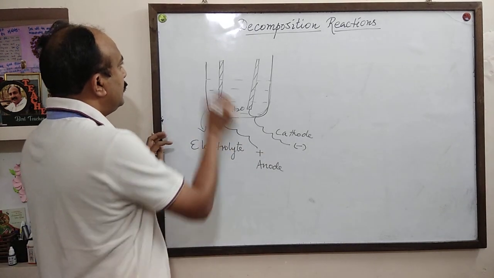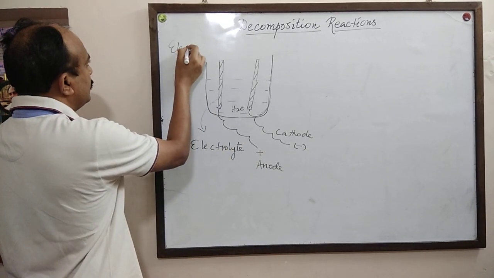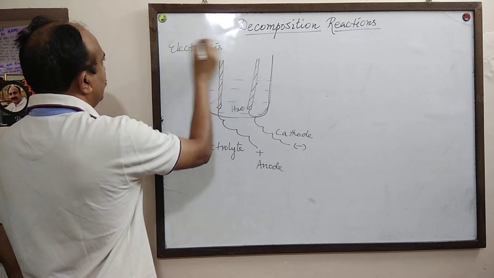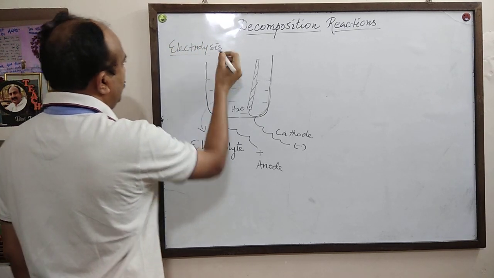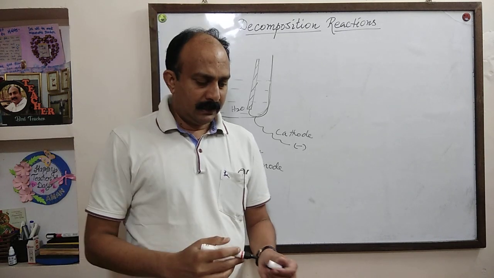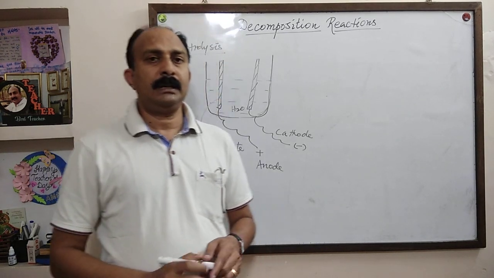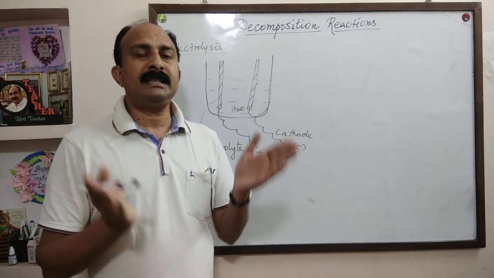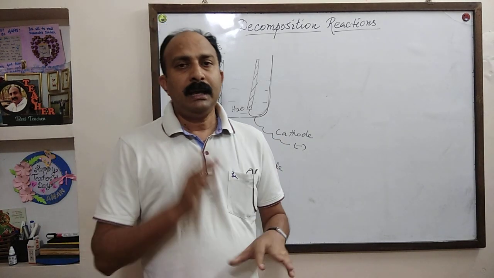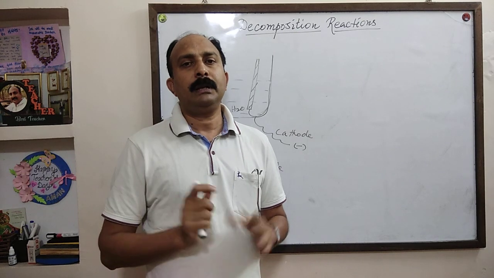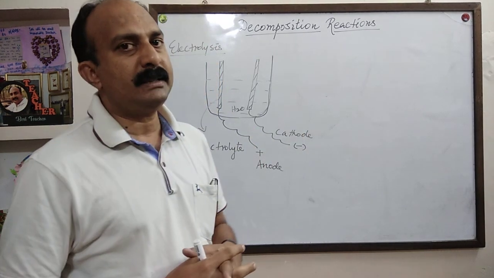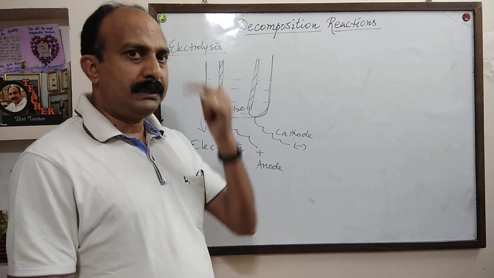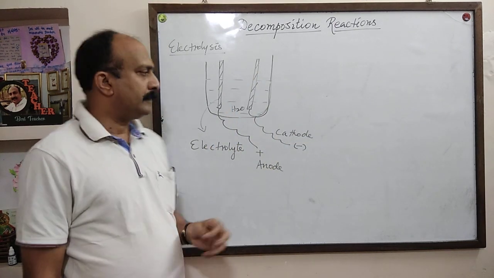This is known as electrolysis. So electrolysis means the chemical process in which a substance is decomposed by passing electricity through it. Every ionic compound can be decomposed by passing electricity. We will study about ionic compounds in the coming chapter of this year.